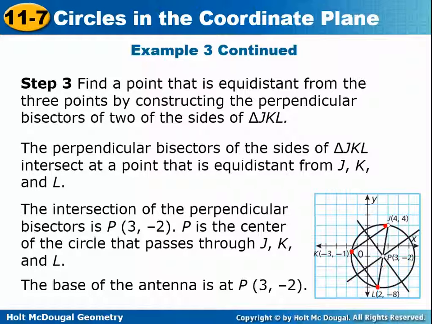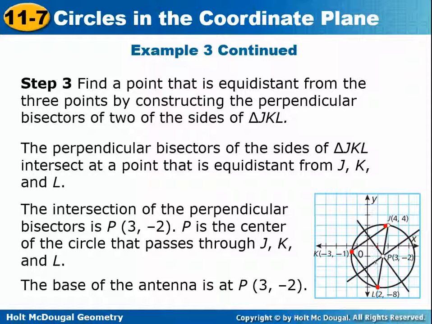And then you are going to construct the perpendicular bisectors of any 2 of the sides. If you have 2 sides that are either a horizontal or a vertical line, that will be the easiest. But if you don't, remember that to make the perpendicular bisector, you have to find the midpoint of your segment, and you also have to find the slope and then flip the slope upside down.